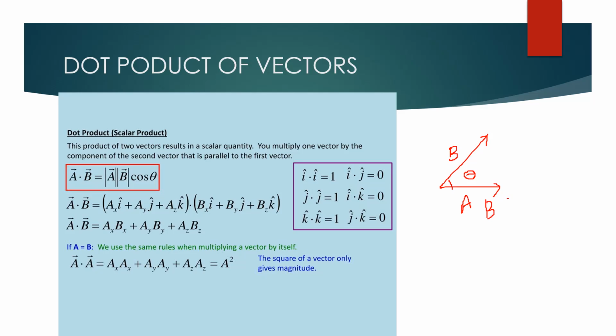Because we know on resolving vector B along the horizontal, it is cos of the angle. We just now learned how to resolve the vectors. Similarly, along the x-axis, y-axis, it will be B sine theta.